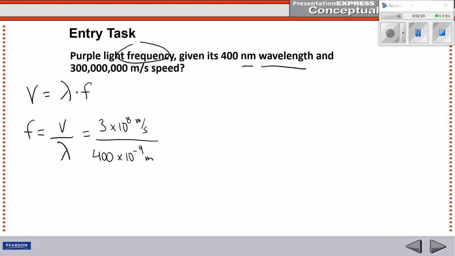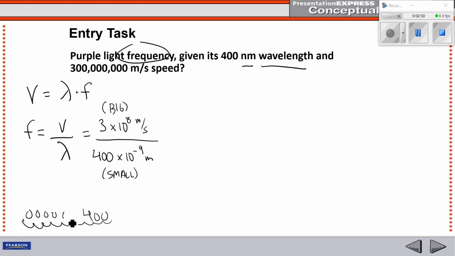Before plugging this in anywhere, first just look and see what would make sense. You've got a very large number up here, and this is very small. Remember the negative value: if I was going to draw out 400 times 10 to the negative 9th, it would be 400, and then you take the decimal and move it 9 places to the left. 1, 2, 3, 4, 5, 6, 7, 8, 9.